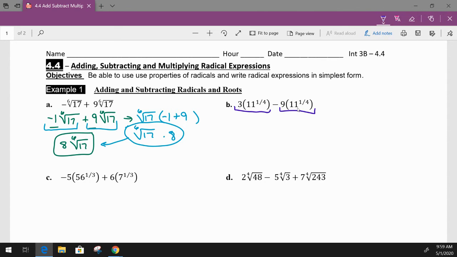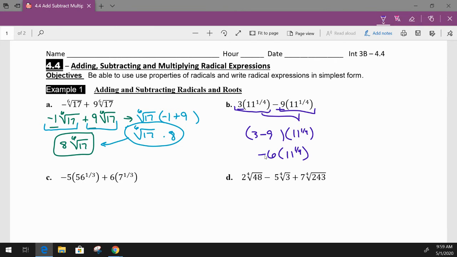So I could factor that 11 to the 1/4 power out, and then the 3 minus 9 would be put together in its own set of parentheses, and then 3 minus 9 would be -6, and then you'd still have the 11 to the 1/4 power.